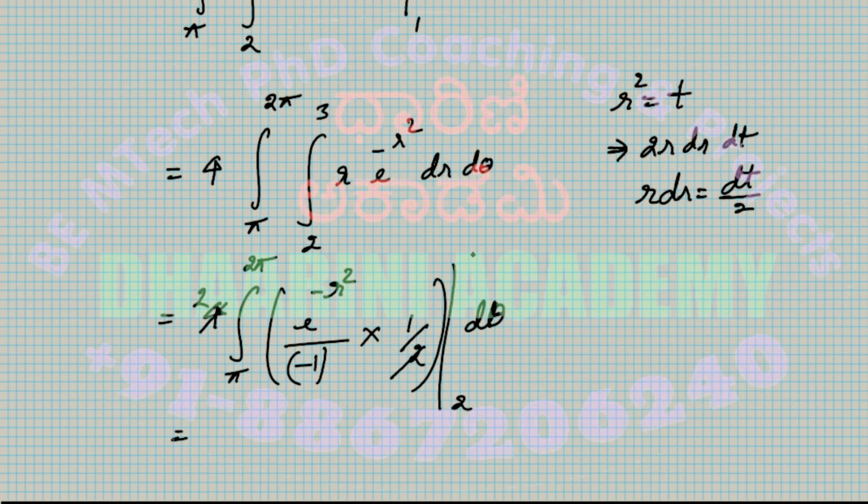I got the answer but never substituted. So there is a minus 2, integral pi to 2 pi, e to the power minus 3 square, that is 9, minus e to the power minus 2 square, that is 4, d theta.